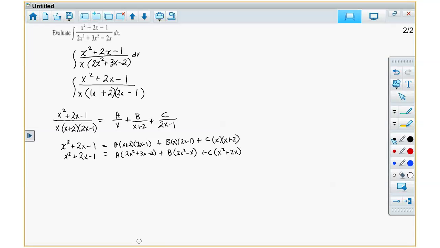All right, now x squared plus 2x minus 1 is equal to 2ax squared plus 3ax minus 2a plus 2bx squared minus bx plus cx squared plus 2cx. You could actually, if you wanted to, do the zero factor. I don't ever think about the zero factor. I should, but I don't.